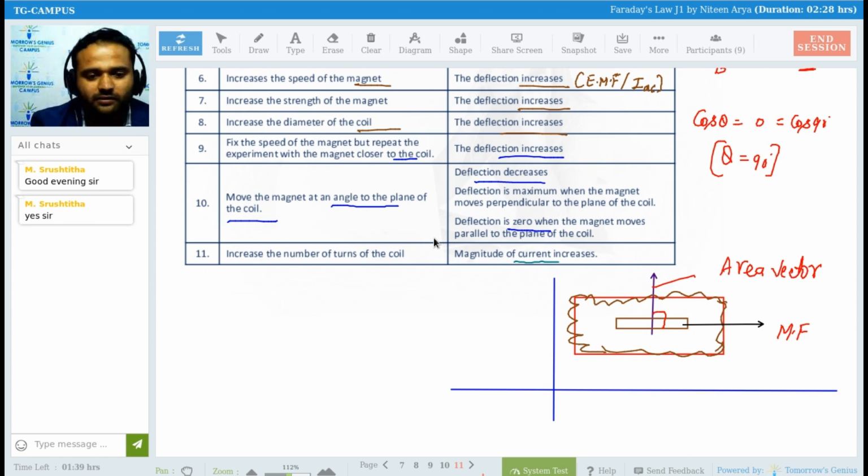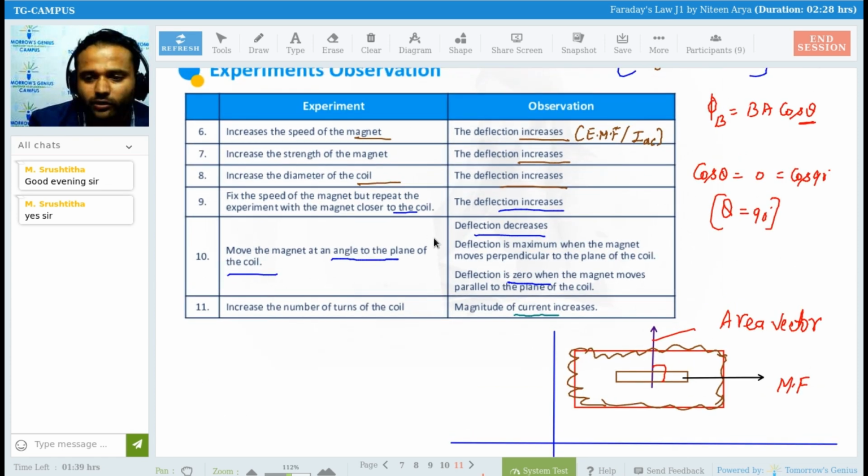So when the magnetic field is moving perpendicular to the plane, means in this way, this is your plane, and if I move this magnet in this way, that becomes parallel with the area vector, and if I move it so that it is perpendicular to the area, it is parallel to the area vector.